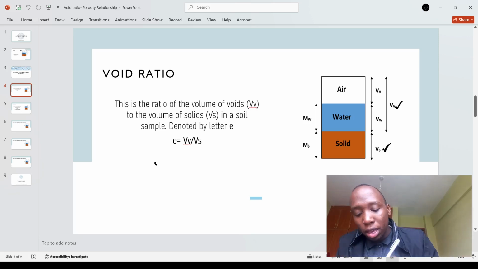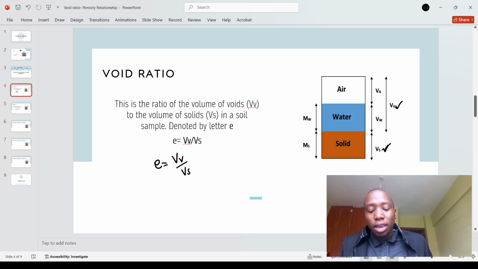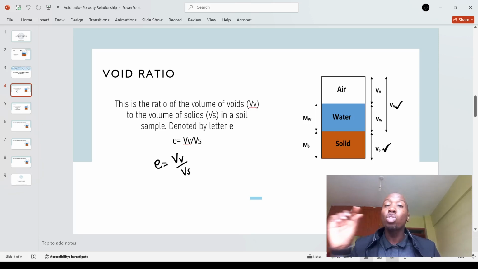So e is equal to Vv over Vs. It is denoted as e, where volume of voids is the volume occupied by the voids, and the volume of solids is the volume occupied by the solids in the soil sample.